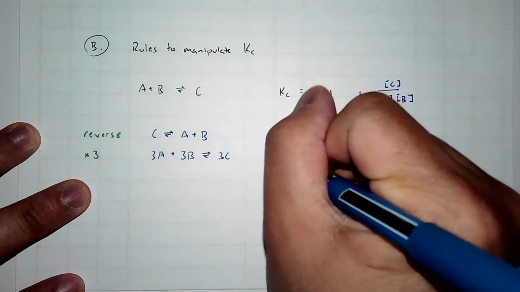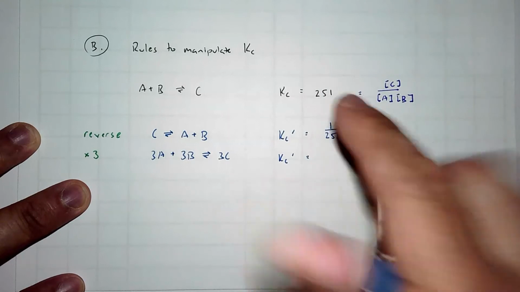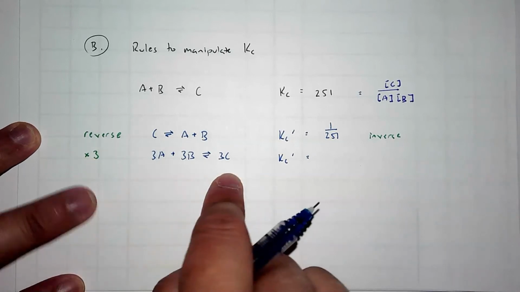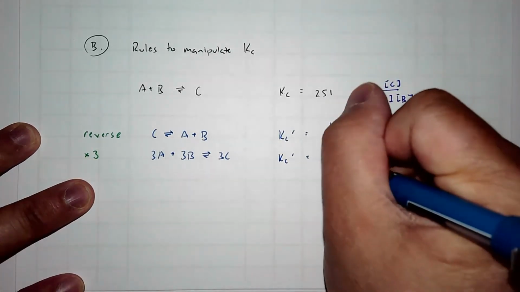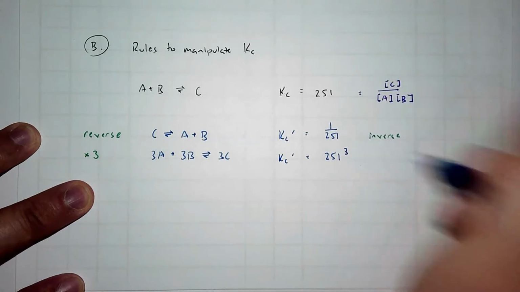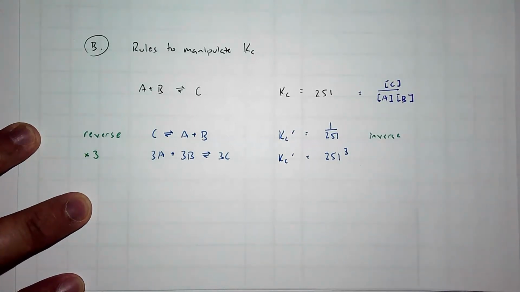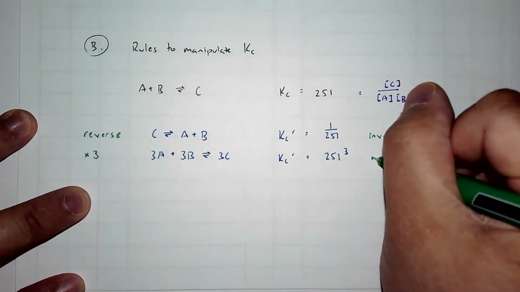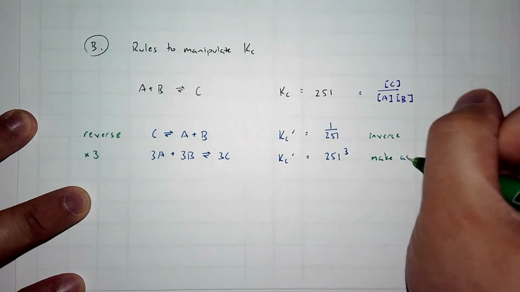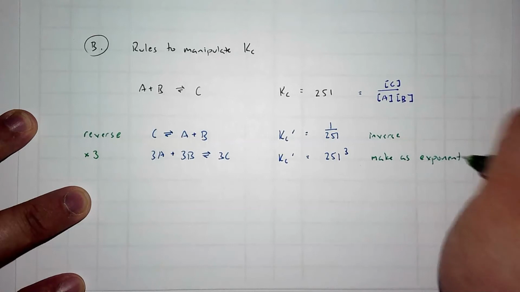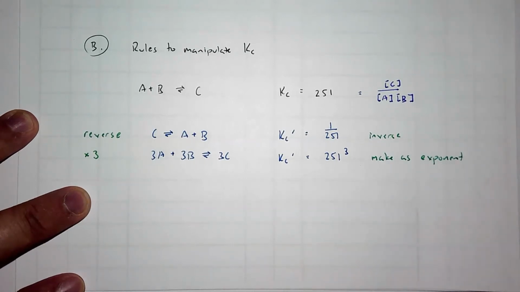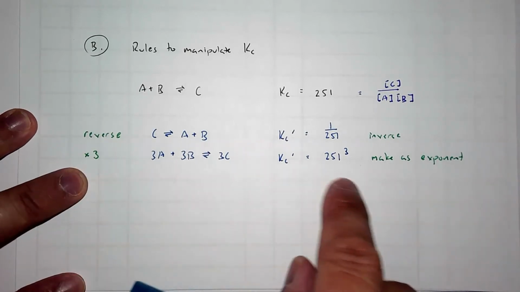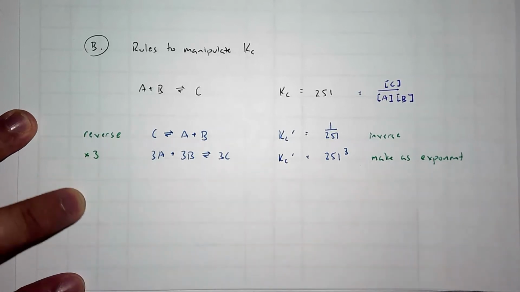So the new Kc is going to be taking that factor that you multiplied the reaction by and making it the exponent, 251 to the 3. You take whatever factor you multiplied by and make it the exponent. That's different. For delta H, you just multiplied the enthalpy by the number. So here you make that the exponent.